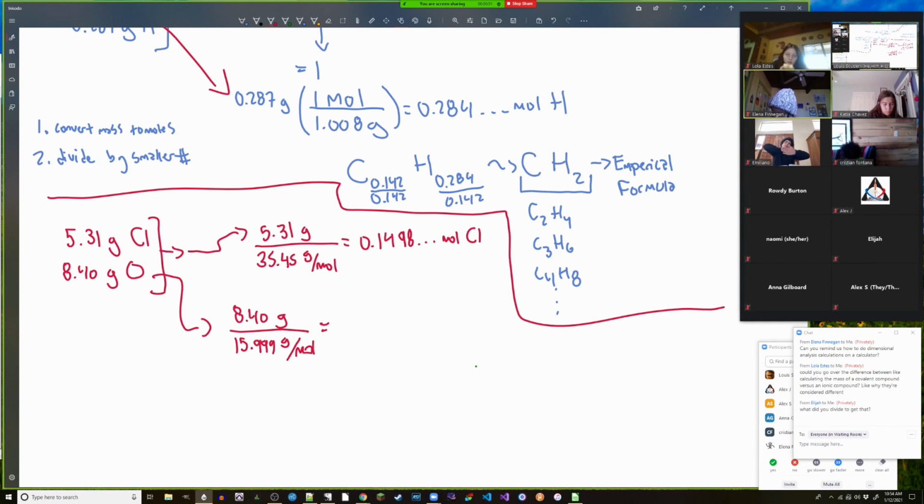So this is going to be pretty close, a little bit over 1/2, I should say, sorry. 8.4 divided by 15.999 is 0.525032846. I'm just going to write this. Moles of oxygen.